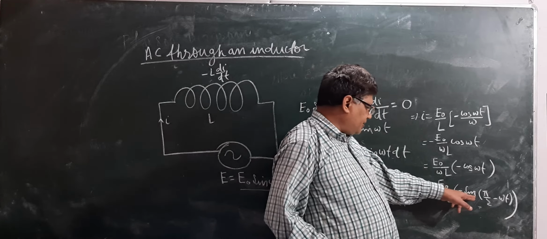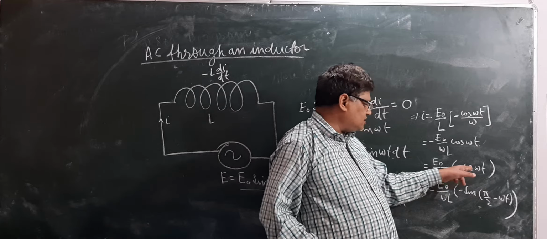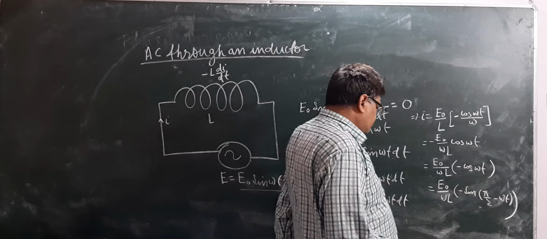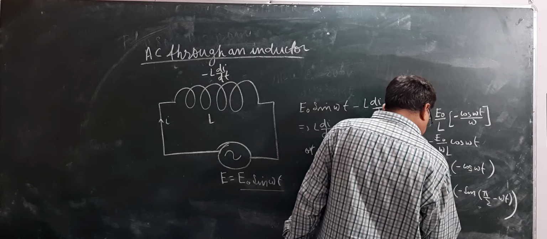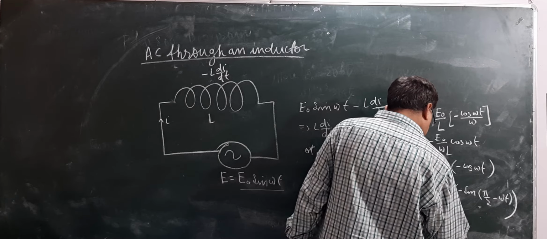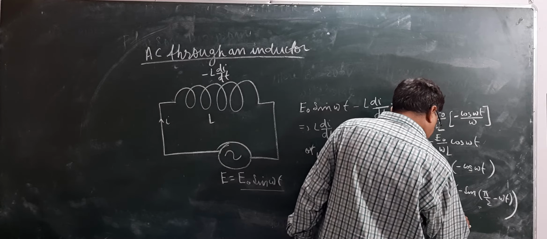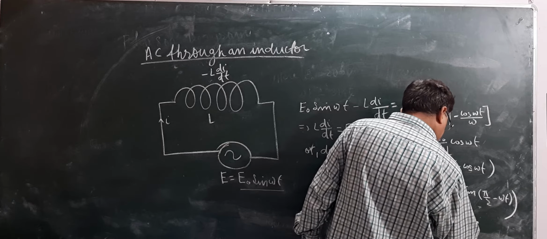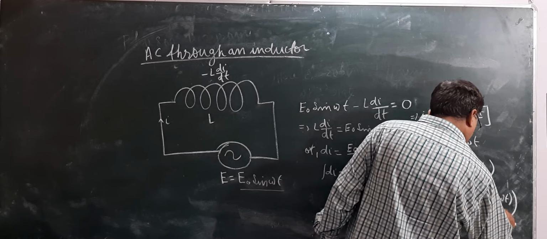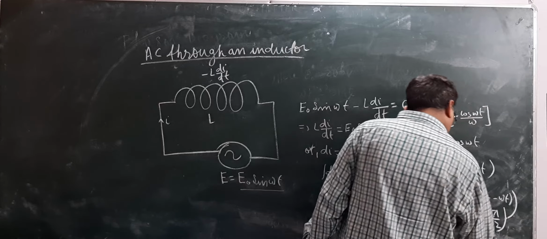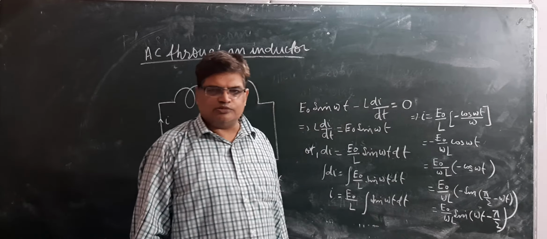So sine pi by 2 minus omega t is cos omega t. So putting the minus sign inside, you will get this as E naught by omega L sine omega t minus pi by 2. So this is the final expression that we have obtained.